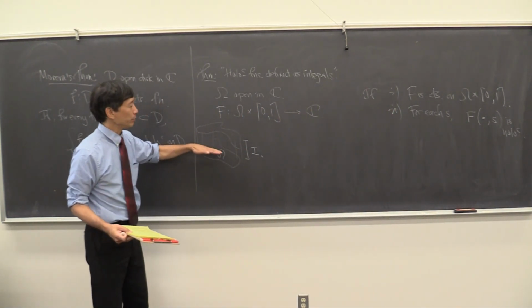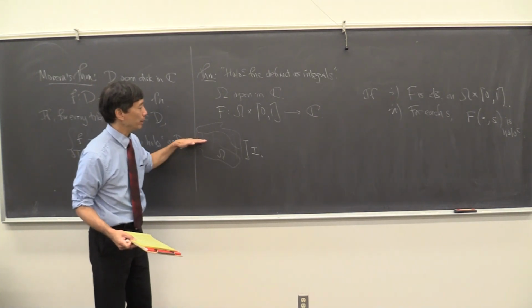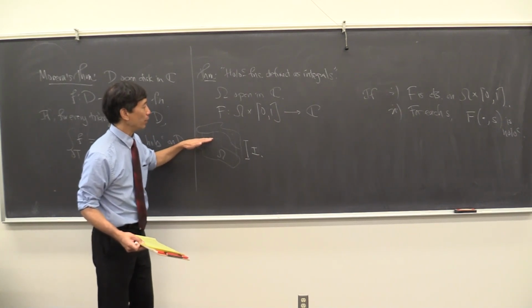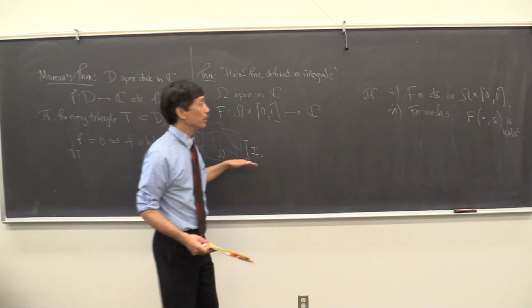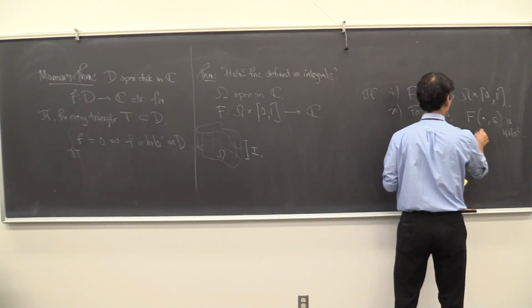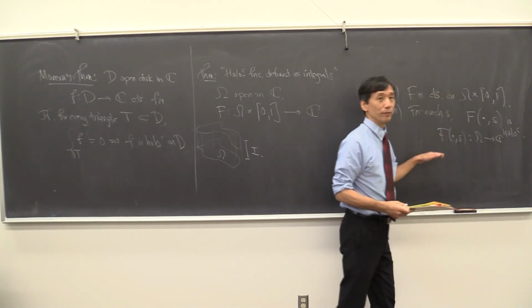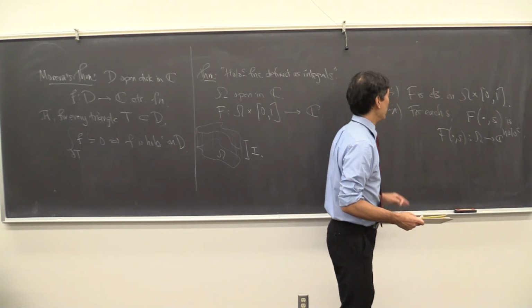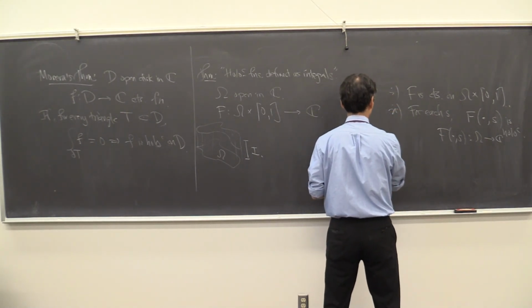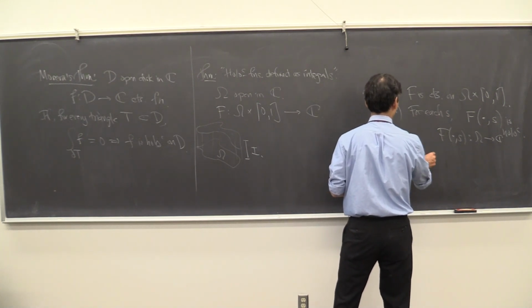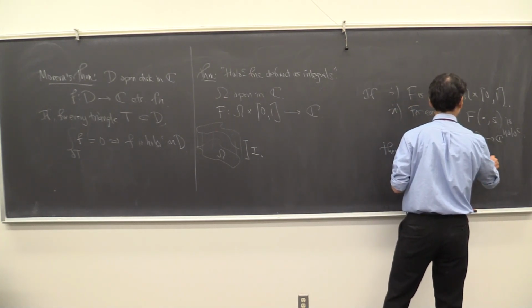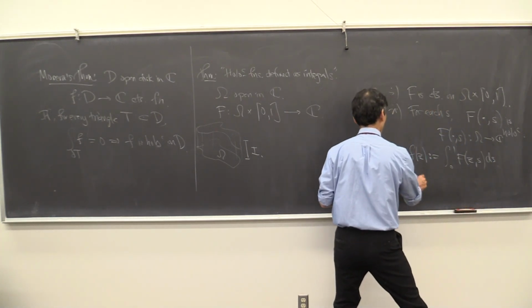And what you're saying is that F is going to be holomorphic, considered as a function on omega at that height. So F(·, s), of course, is a function from omega to C. So if each of those slices is holomorphic, then when you define F(z) as the integral from 0 to 1 of F(z, s) ds, then that is also holomorphic.